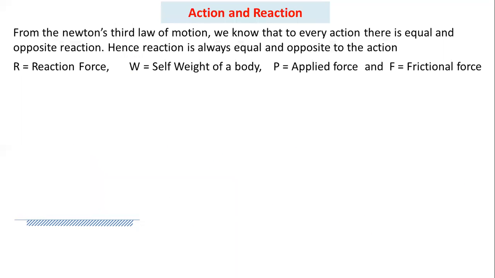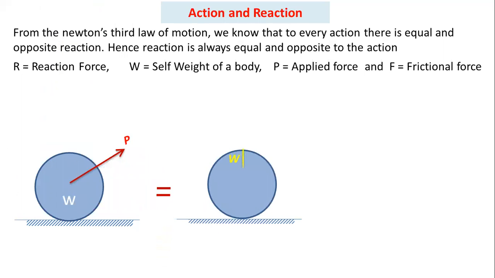Now I am repeating the free body diagrams again. Please listen carefully. Self weight always acts vertically downwards. The reaction force makes an angle of 90 degrees with respect to the horizontal plane.